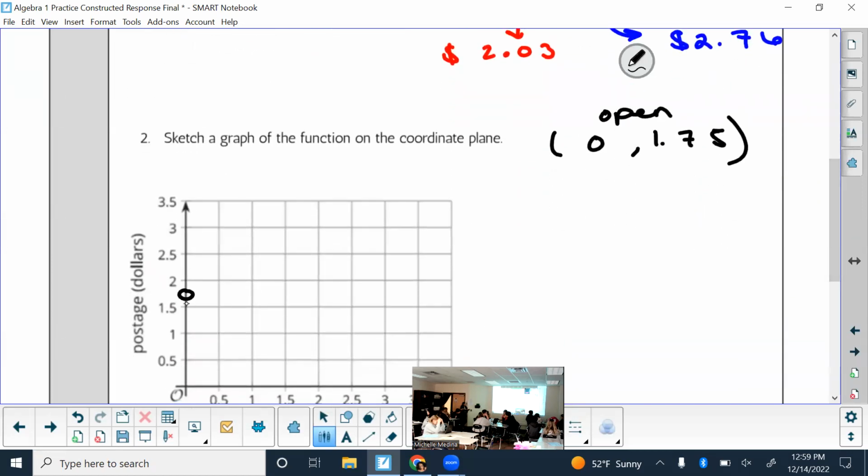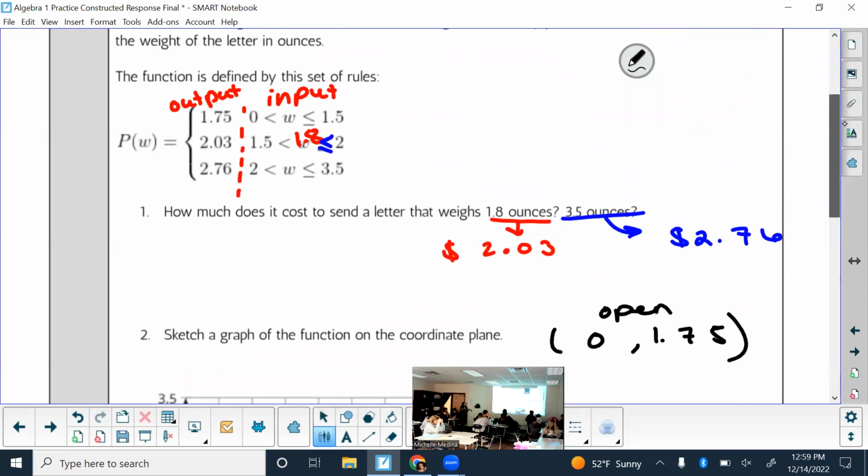Make sure you know what it's counting by. 1.75 would be between 1.5 and 2. And then when does it stop costing 1.75? 1.5 exactly.